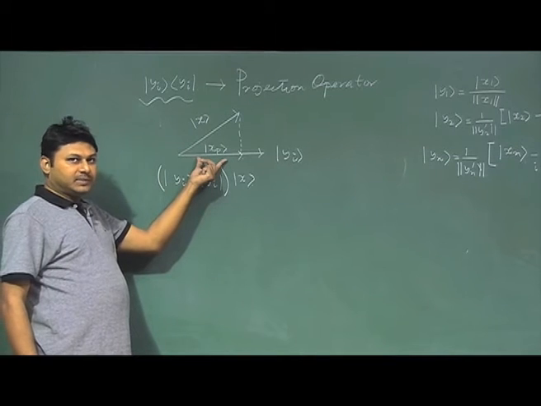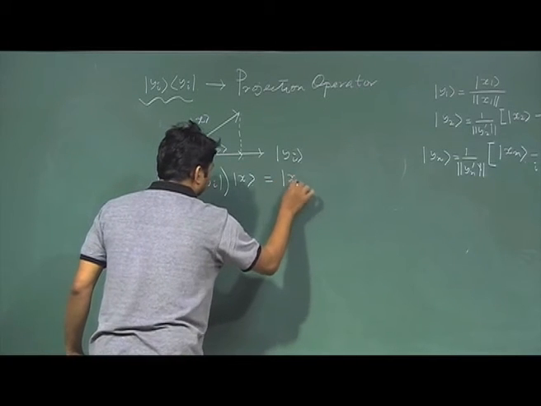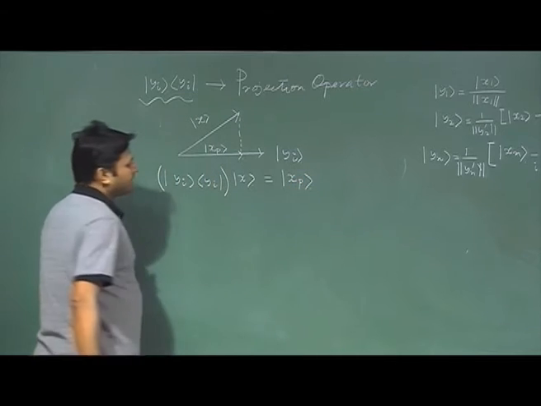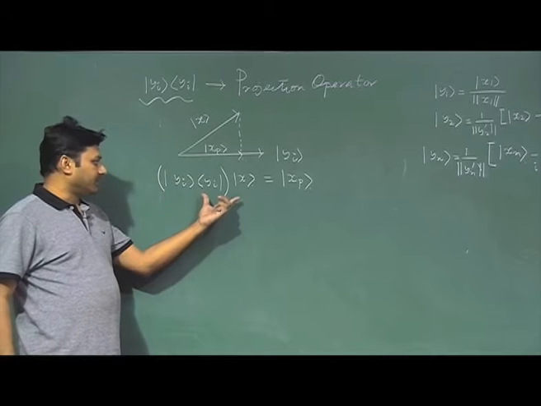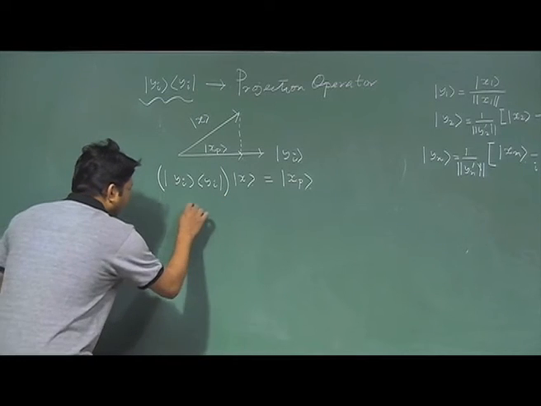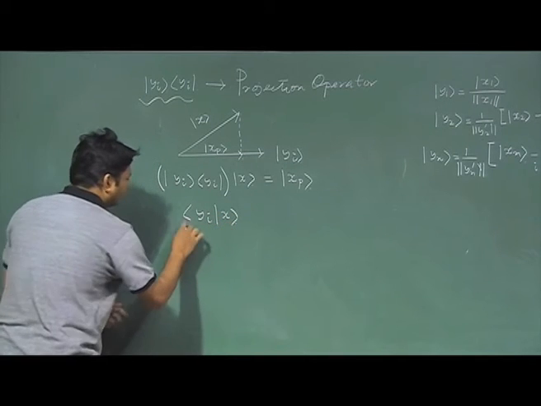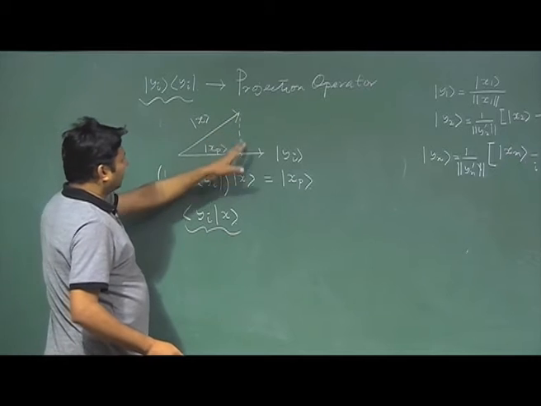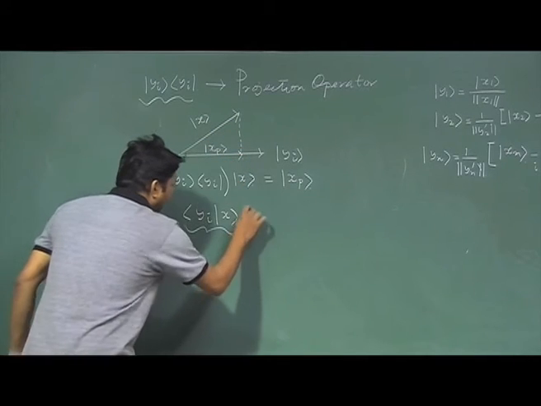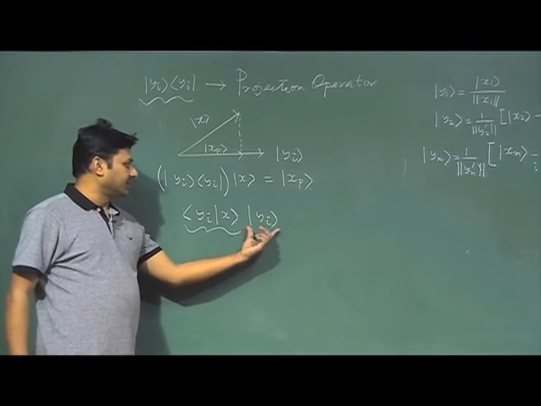So what will be my xp? xp will be this quantity, and which is quite simple. If you try to understand that, then yi x is nothing but the dot product, multiplied by the vector direction yi.